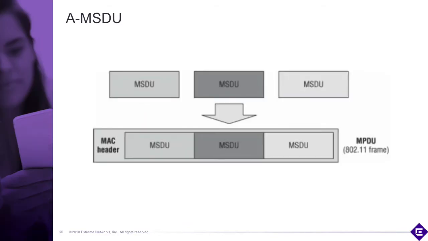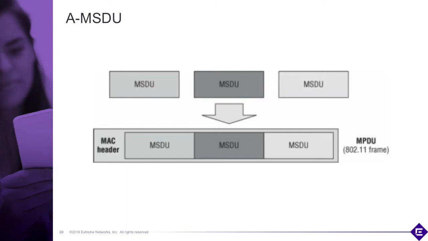The first being A-MSDUs. What that does is it takes individual data units and packs them together into aggregated frames. With these frames, the overhead is reduced by only having one MAC layer overhead, and therefore the sender only has to compete for airtime once instead of multiple times, and they are also acknowledged by one block acknowledgement.